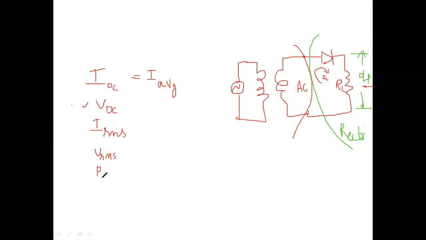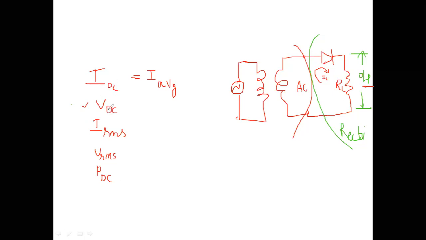Output power, I call it PDC. At the output the signal is only DC, so PDC means the power of the DC signal. So PDC equals VDC into IDC. Power equals V into I, or V I cos theta, but here there is no phase.